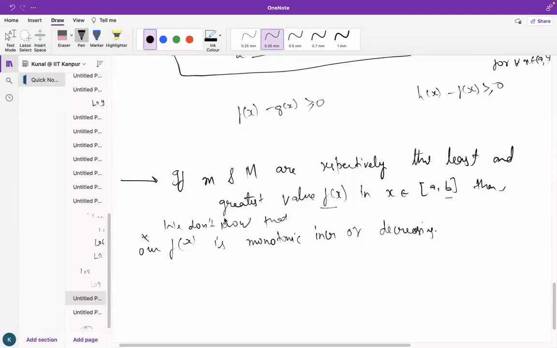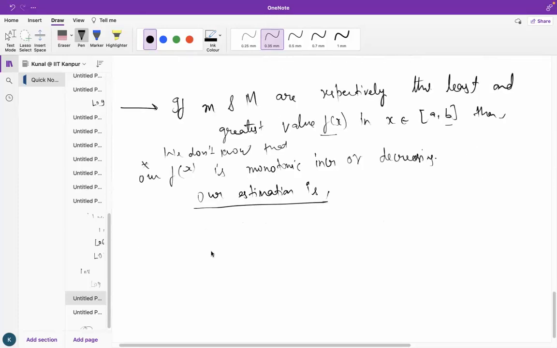Then our estimation is something like: our values vary from small m times (b minus a) to the integral from a to b of f(x) dx, which is the function we are integrating, and this is capital M times (b minus a).